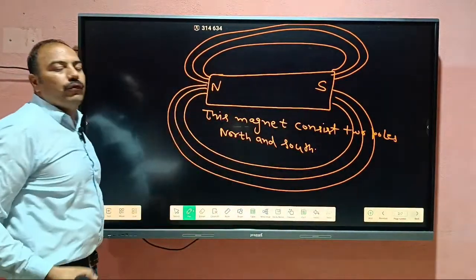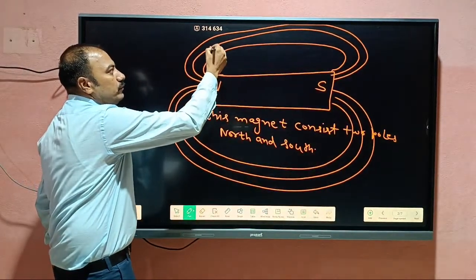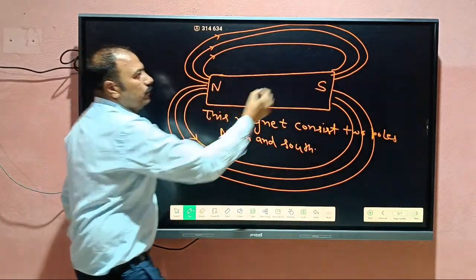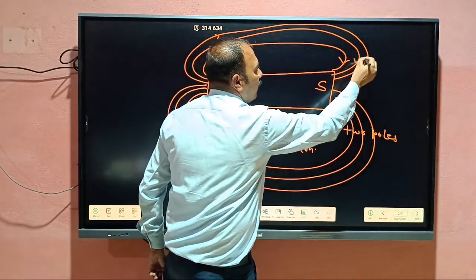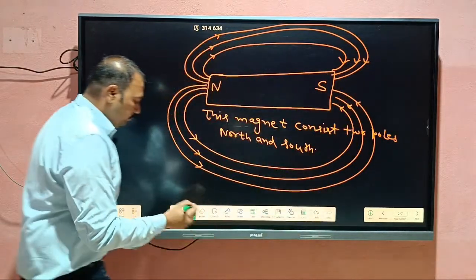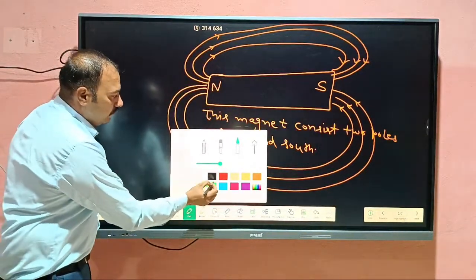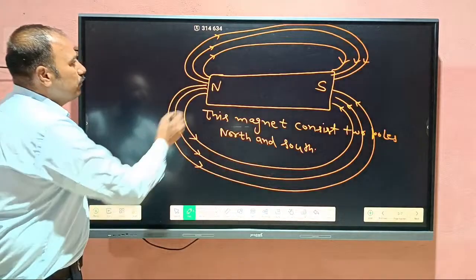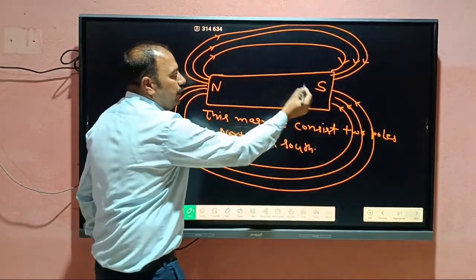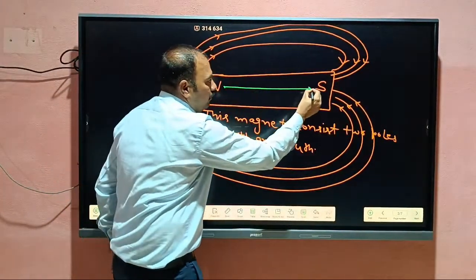So what is the direction of these lines? From north to south. And inside the magnet, the direction of the magnetic lines of force is from south to north.